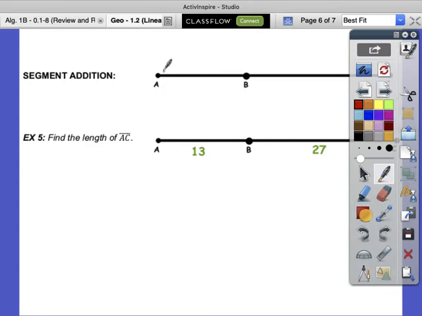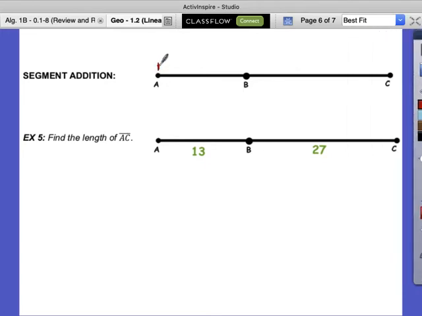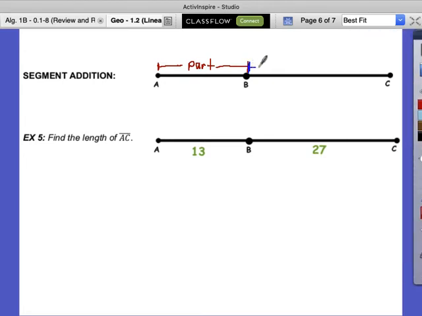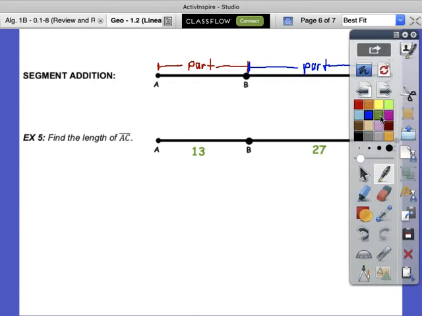Okay? So if I have segment AB, I'm going to say this is part of the whole thing. A to B is part of this whole big segment, right? AB is like a little bit of part of the whole segment AC. And I have B to C, that's another part.